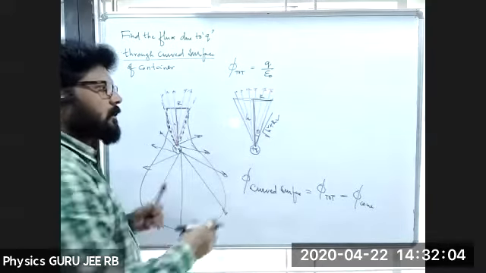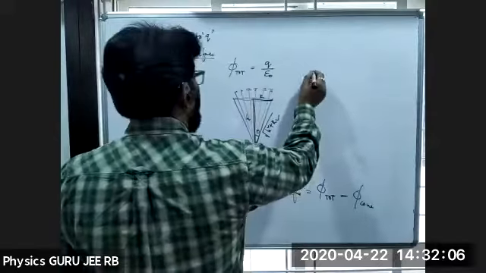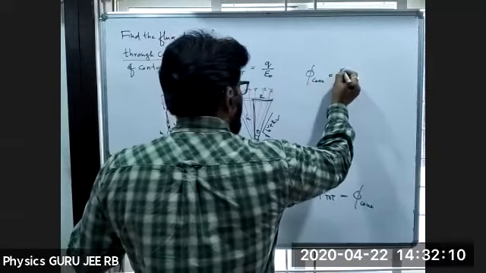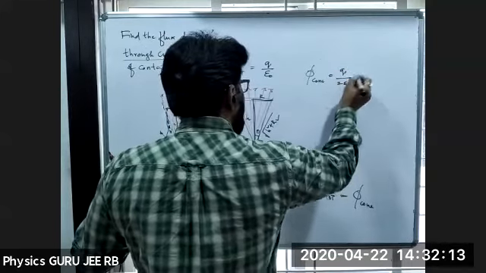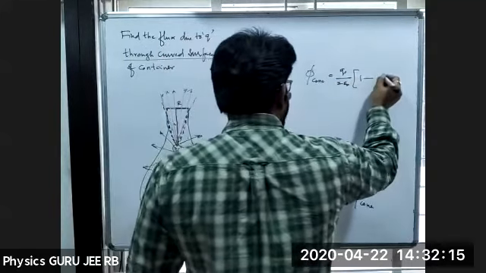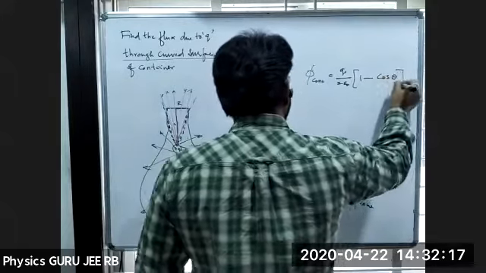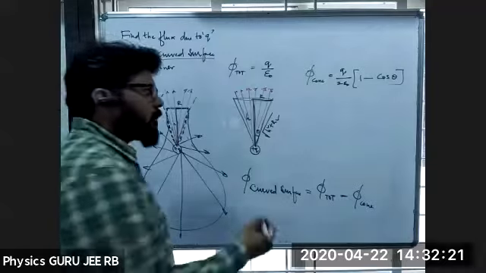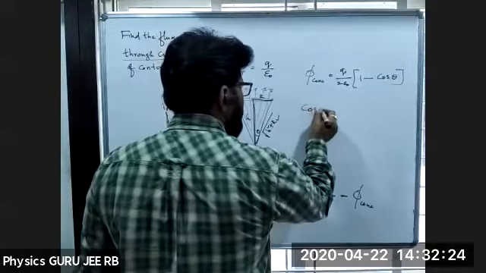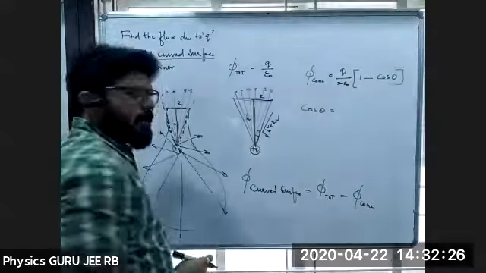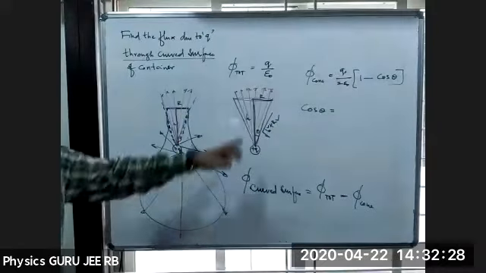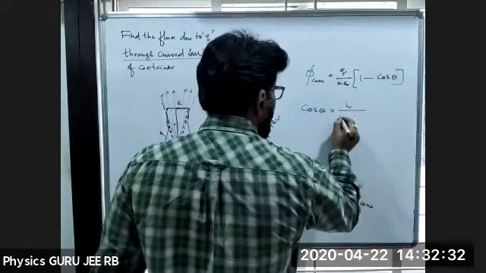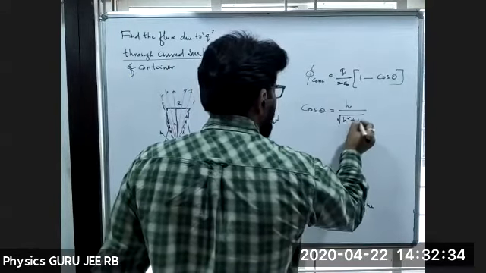Then what I can write here, cos theta. We know that for the cone we already calculated: q by 2 epsilon naught into 1 minus cos theta. Am I right? Now what is cos theta from this triangle? Cos theta is equal to h by, just see the triangle, h divided by under root of h square plus r square.